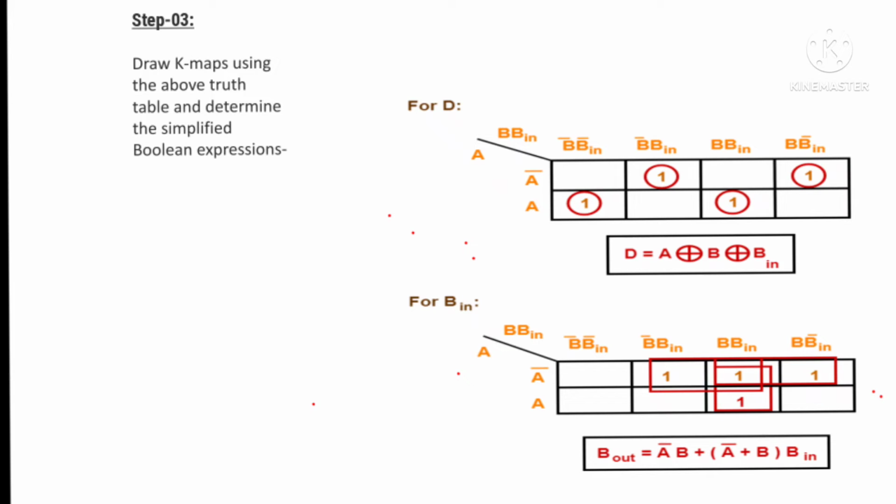And at the fourth position we get A, B, B in. We have to add all these and we will get A XOR B XOR B in.